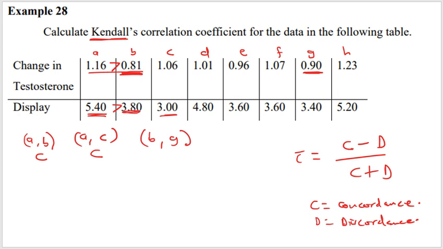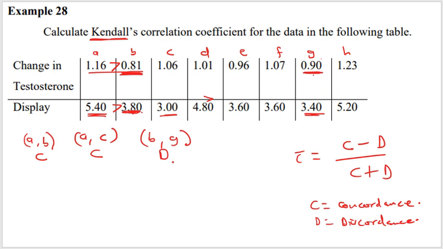But when we check the display, we realize that 3.80 is greater than 3.40. So under display, we use the greater than sign, but under the change, 0.81 is less than 0.90. So there is a discordance between B and J. In column B and column J, there is a discordance. So here will be D.